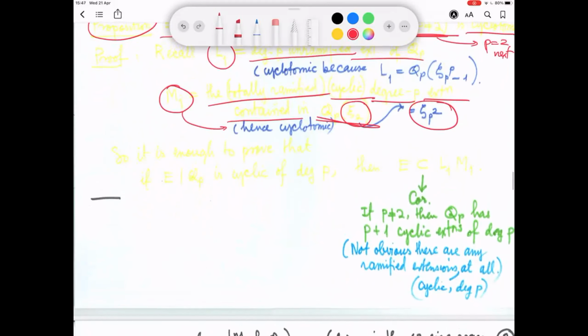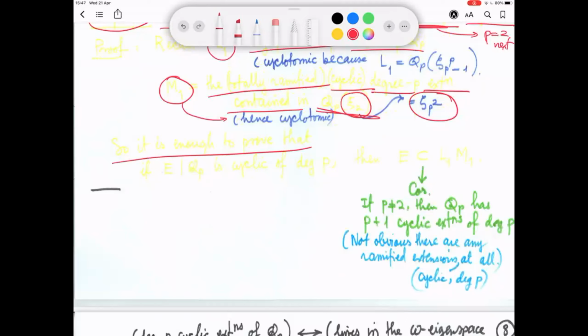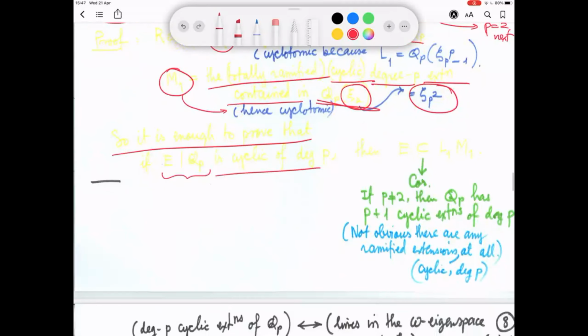Okay, so we are continuing the proof. It's enough to prove that if E is cyclic of degree p, then E is contained in the compositum of L1 and M1.